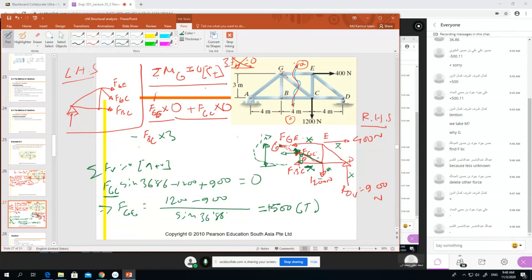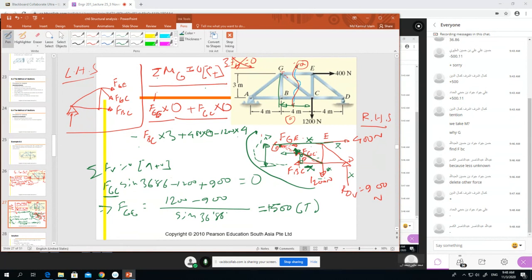Okay, so FBC. Then we have F 400, and the 400 is also through the point G, so 0. So 400 also cancels out, right? Then we have the 1200 force. Is the 1200 force rotating clockwise or anti-clockwise? Clockwise. So minus 1200 into the distance from point G, which is 4 meters.